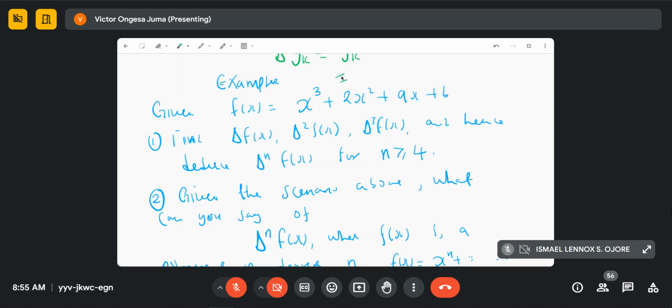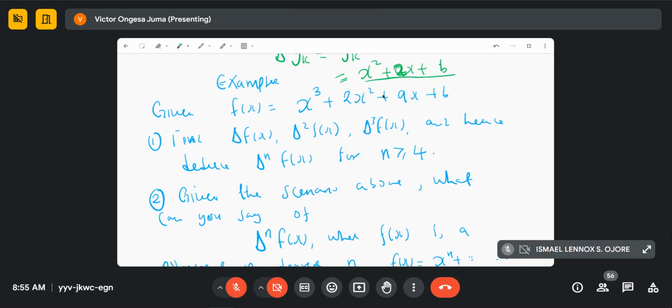I can write this as x squared plus ax plus any number, then plus any letter, b.